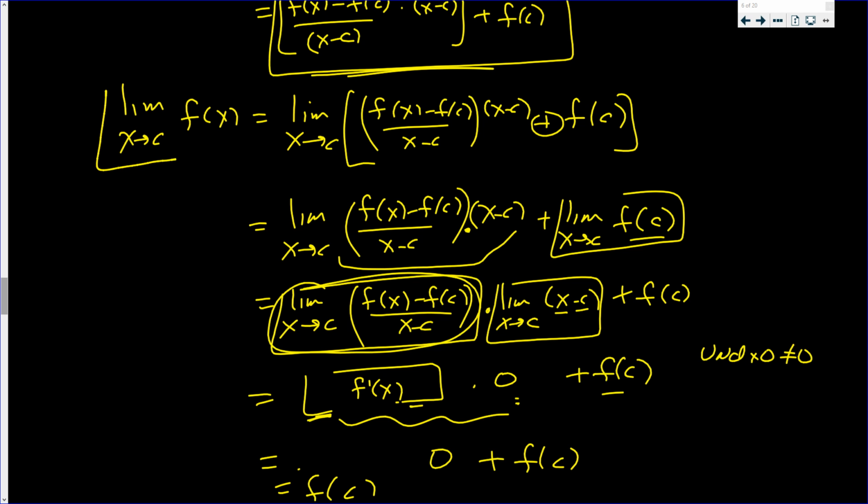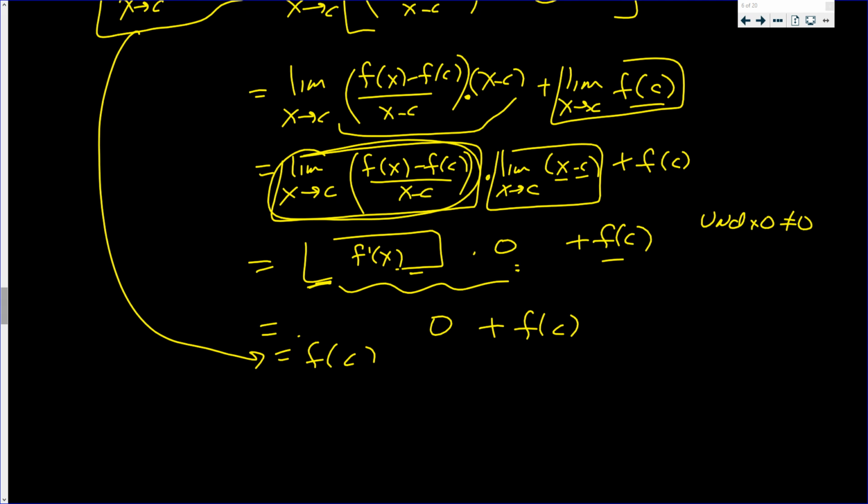That is, this limit is equal to f of c. But that means that f is continuous at c. Hence, f of x is continuous at x equals c.